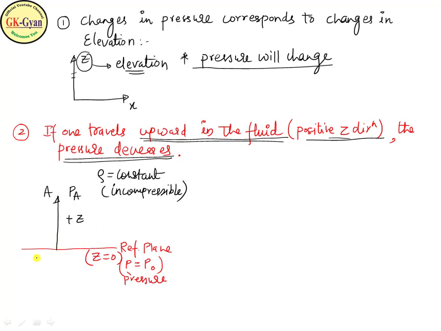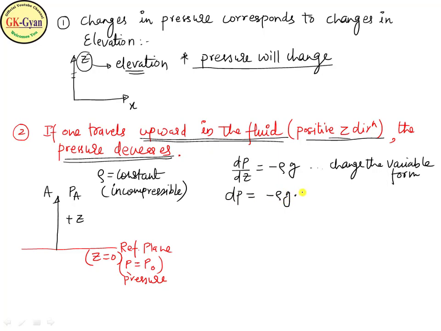So we know the hydrostatic law is dP by dz equal to minus rho g. Here change the variable form. How can you write it? dP equal to minus rho g into dz.